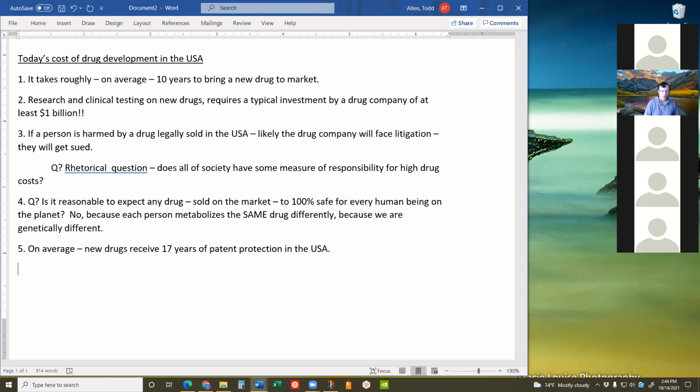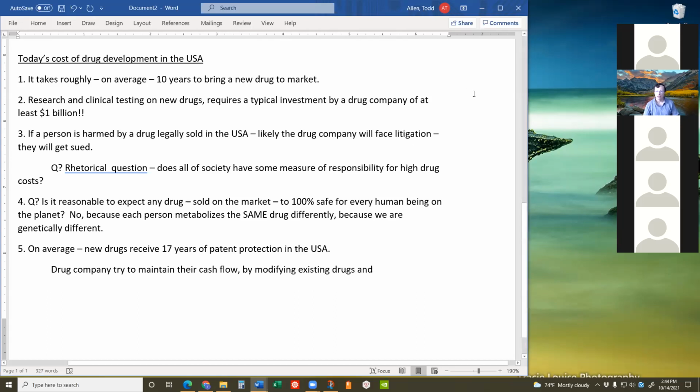So drug companies try to maintain their cash flows by modifying existing drugs and applying for new patent protection.